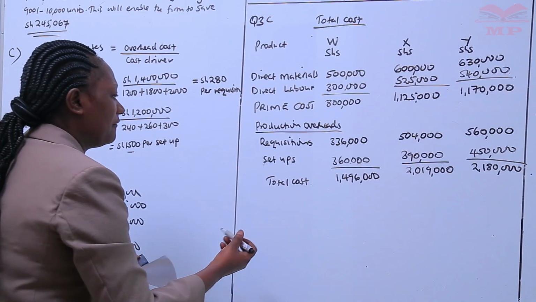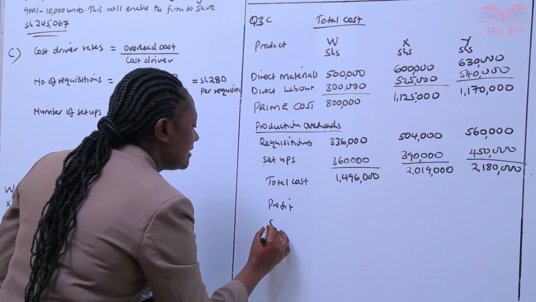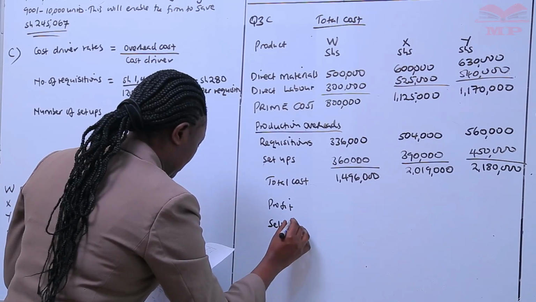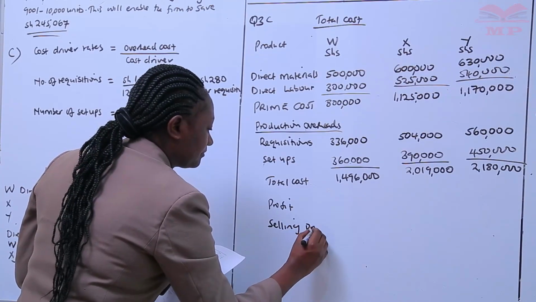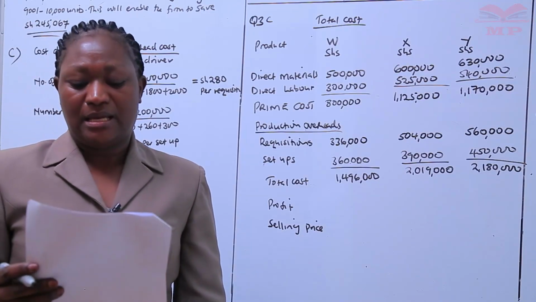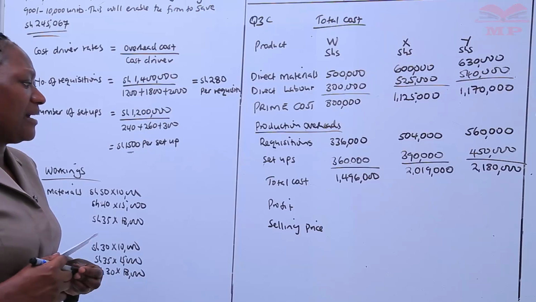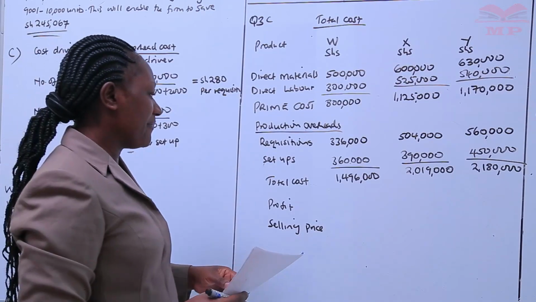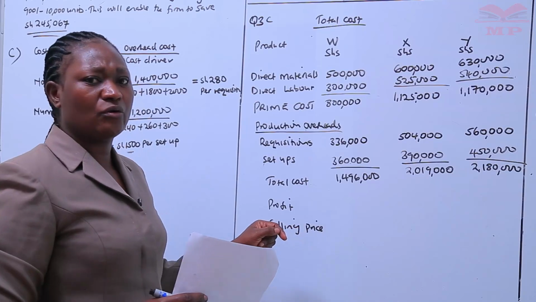So once we have this, we are to show the profit and then the selling price. So we are to determine the profit, but we have not been given either the margin or the markup, though we have the selling price. So remember, profit is simply selling price minus total cost.